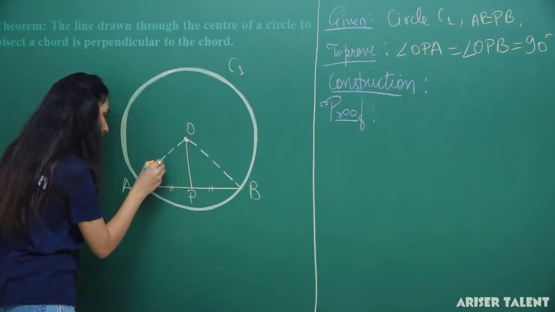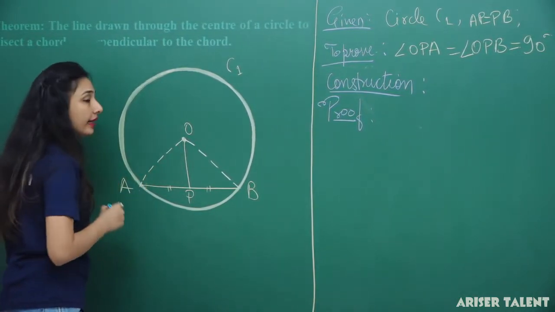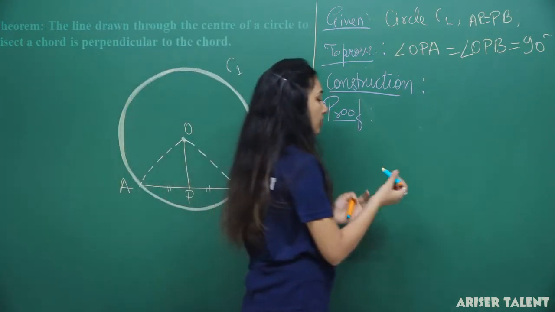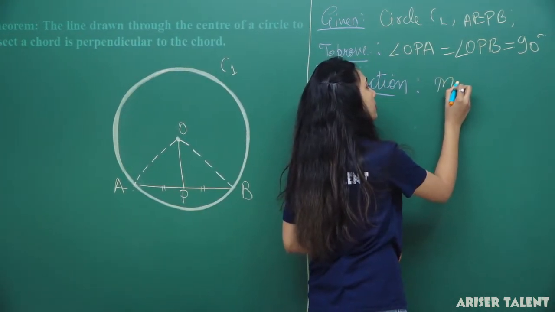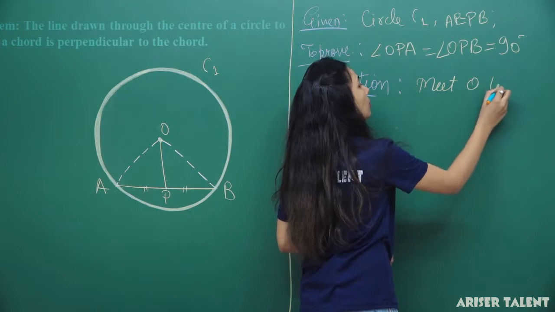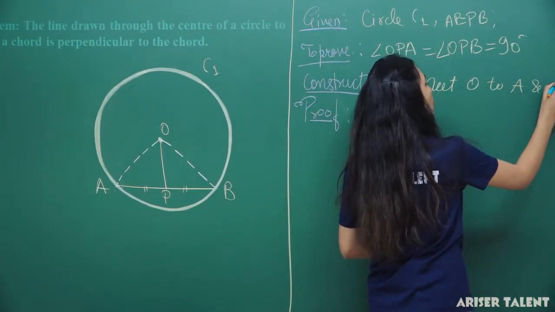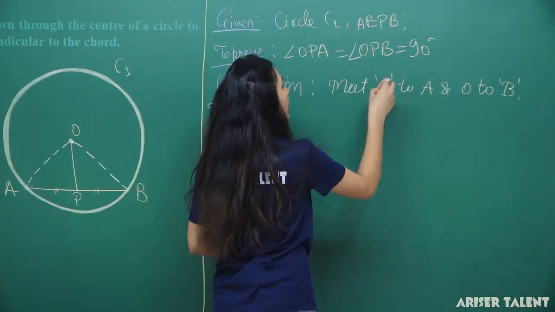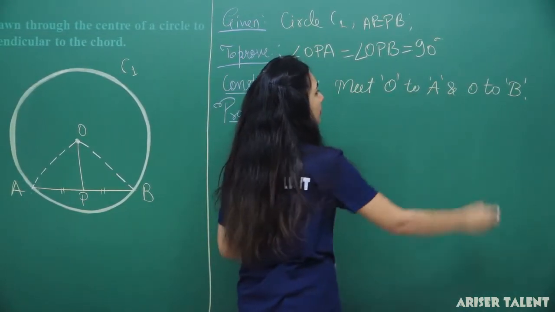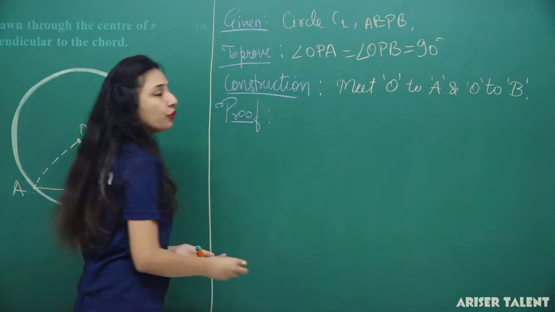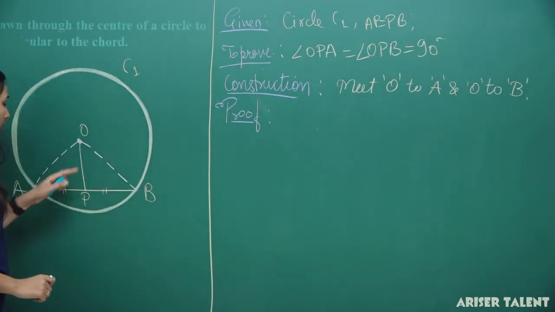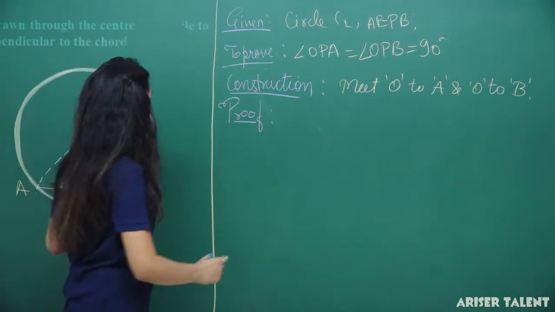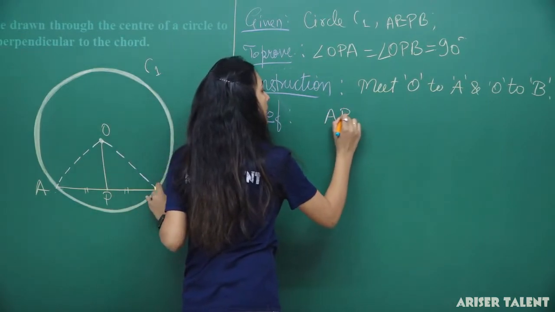Construction: we have made OA and OB. So construction, join OA and OB. Right. Now proof. What we are having here is AP equals PB.